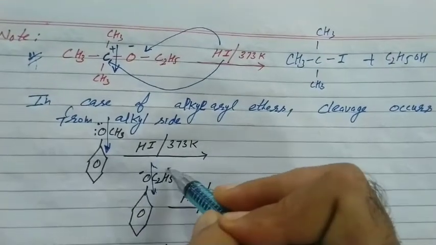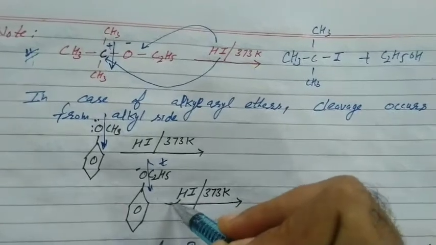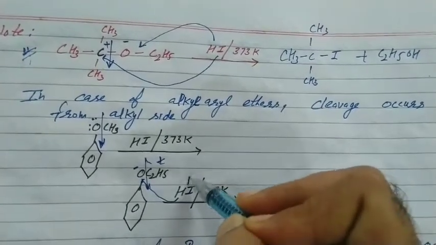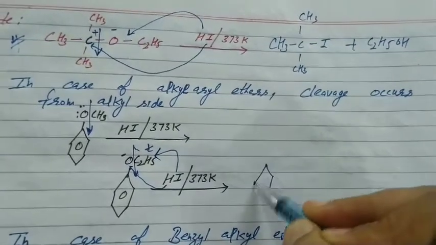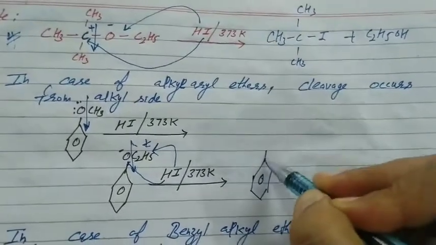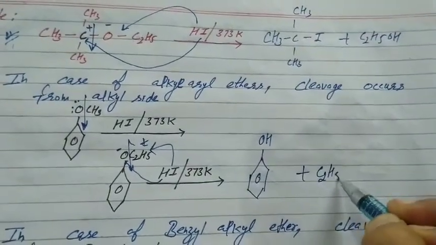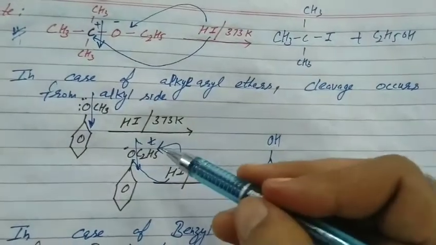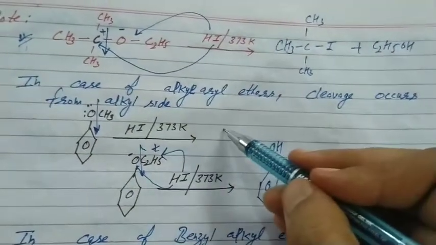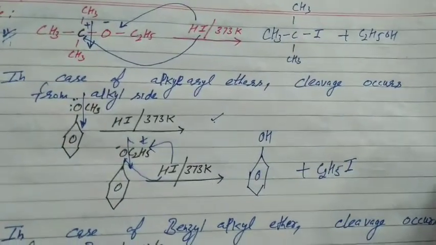Oxygen negative. We are treating with HI. Hydrogen definitely approaches the electronegative oxygen, and I goes to the carbocation. We got phenol, C6H5OH, plus C2H5I. That's the third question for today's assignment. Complete by yourself. Definitely you can easily do it.